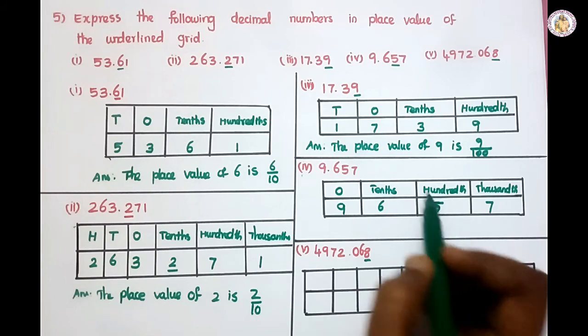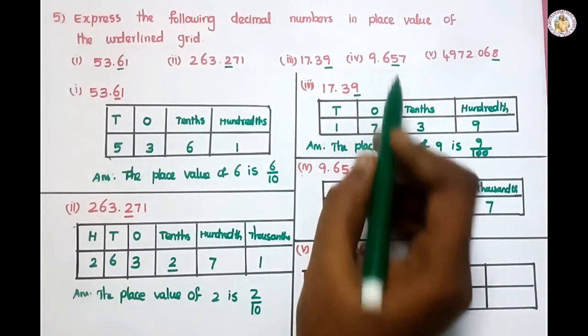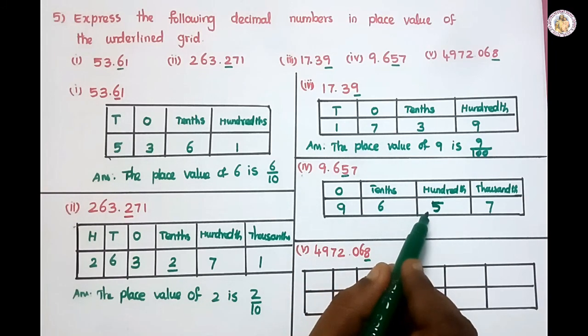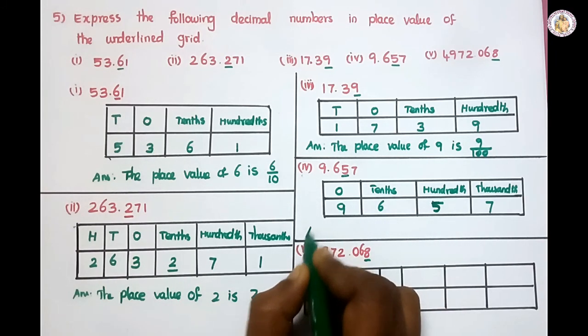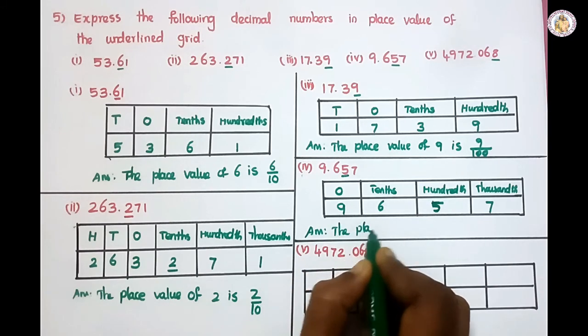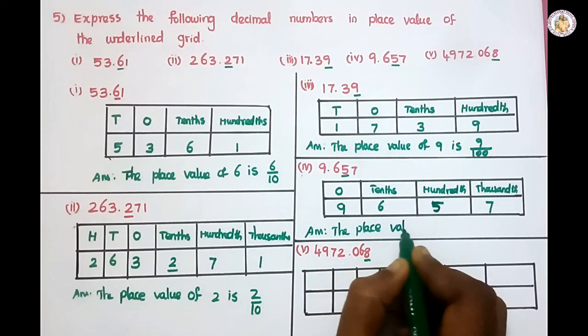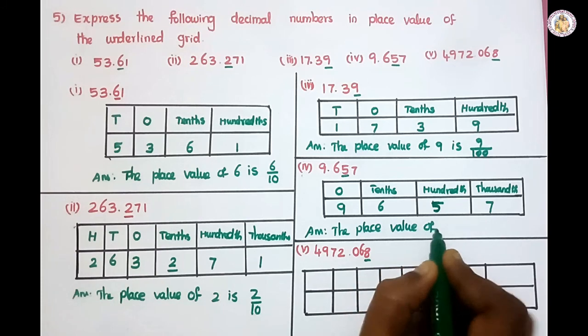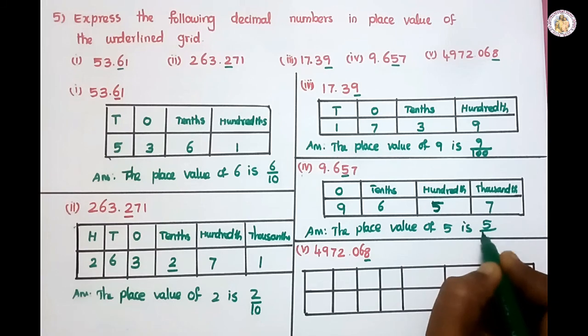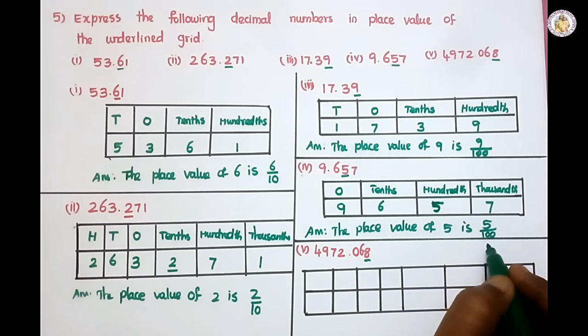Now which one is the underlined number? That is 5. So the place value of 5 is hundredths. So the answer, the place value of 5 is 5 by 100. That is the answer.